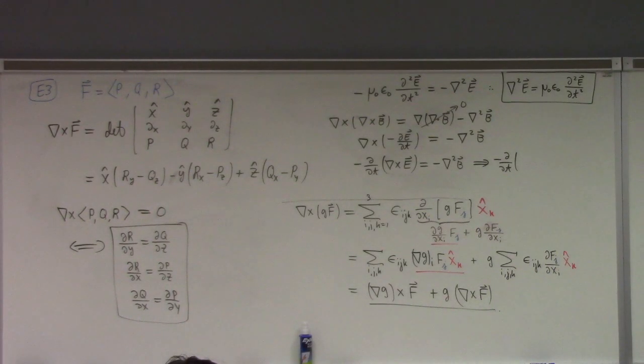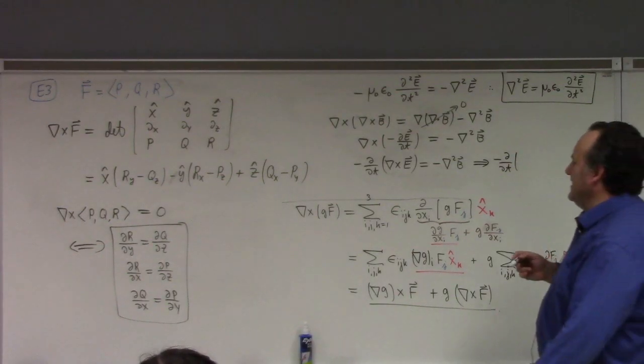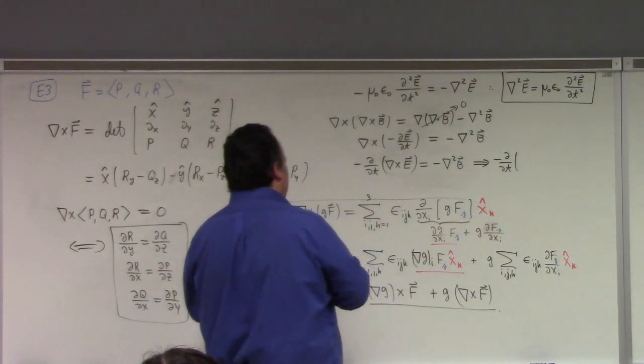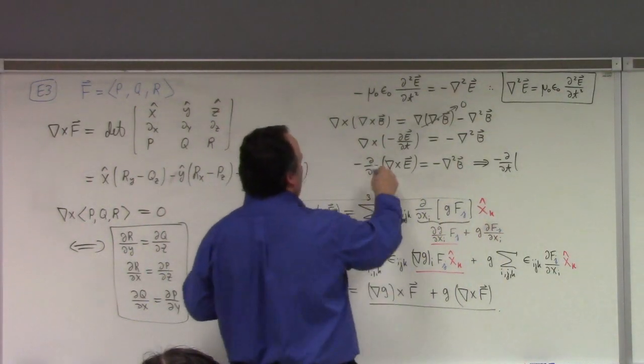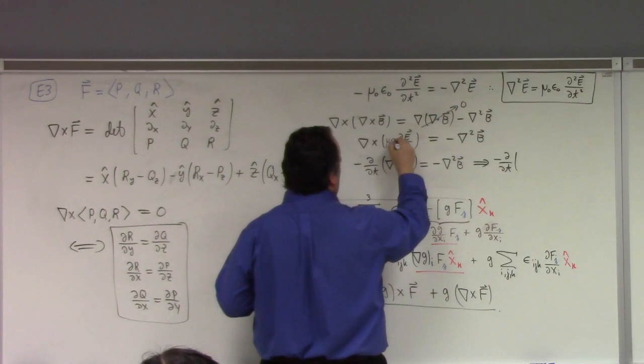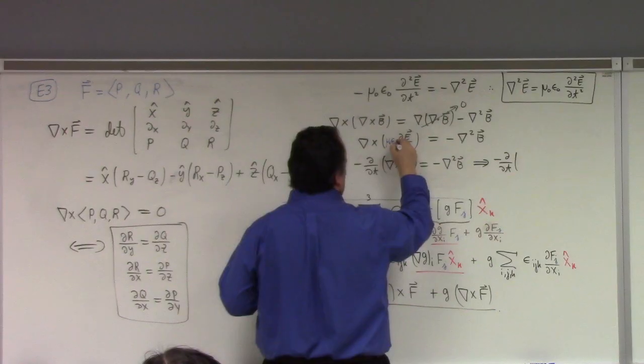Oopsie, I forgot something. What did I forget? I'm an idiot. Look, is that right? Guys, come on, don't let me do this. No, this was supposed to be what? Mu naught epsilon. There was no minus there, right? Mu naught epsilon naught, all right.